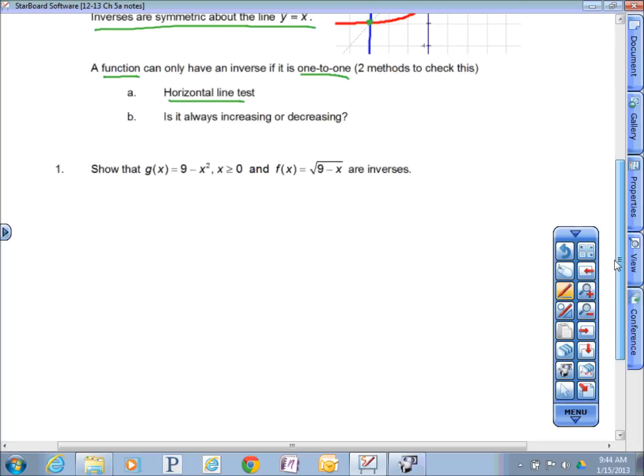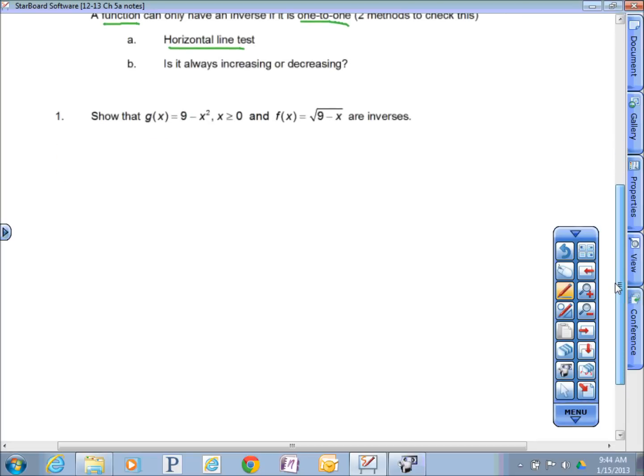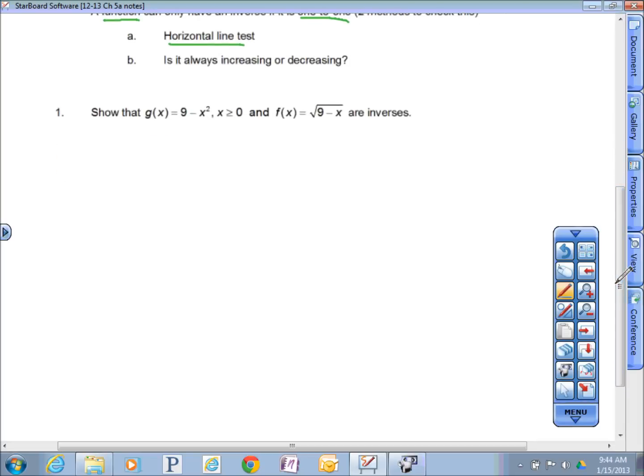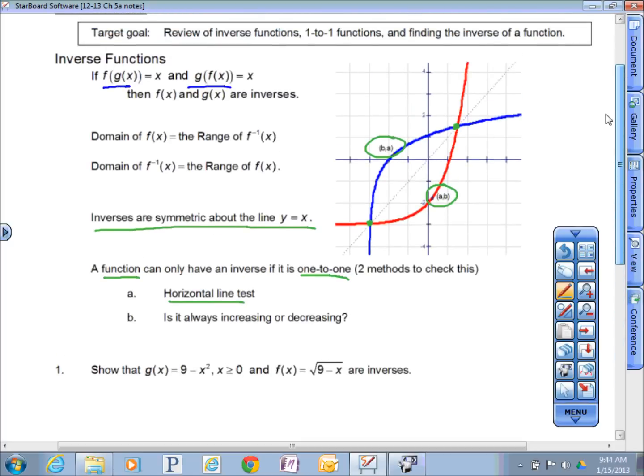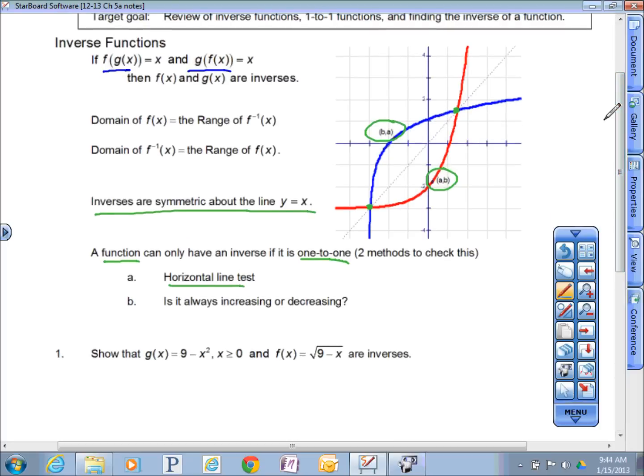So getting to what we're trying to do here. First one, show that these two functions are inverses of each other. As I'm making a little bit of note on how I might do this, looking at the information up above, I could do a few things here. One option I would have is I could do f of g of x and g of f of x. That's one way I could figure it out.